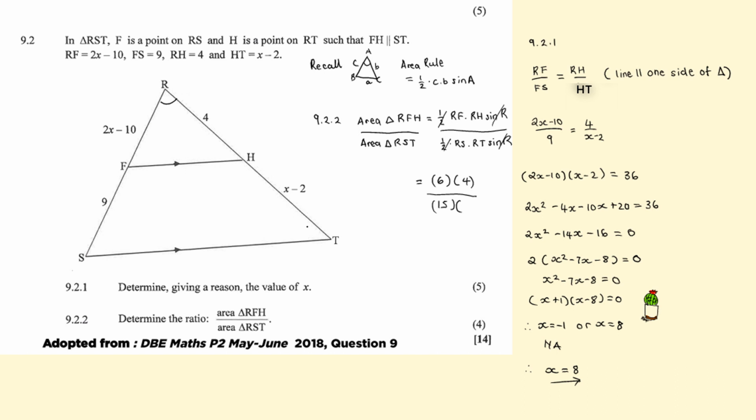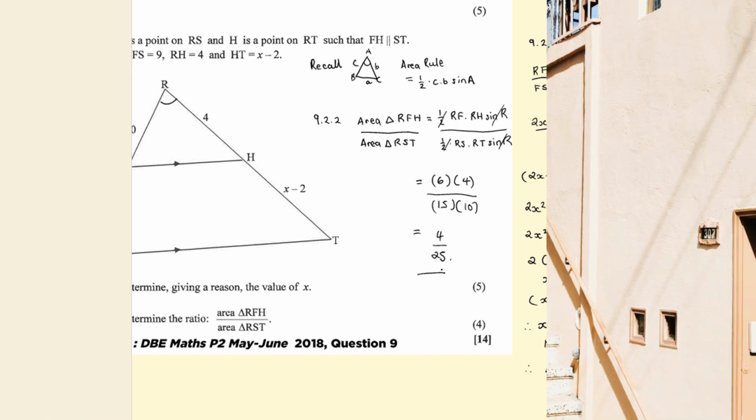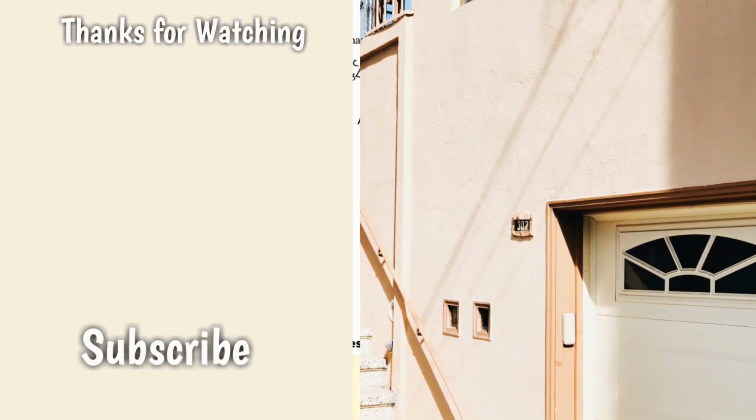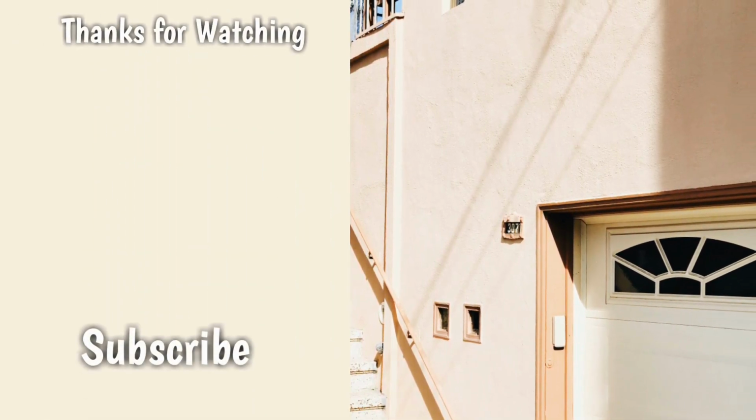And then for RT, if you substitute an 8 over here, you have 6 plus 4, which is 10. Okay, then if you plug all of this into your calculator, you get that the ratio of the area of RFH to the area of triangle RST is equal to 4 over 25. Okay, and that's basically our second example done on how to apply the proportionality theorem.